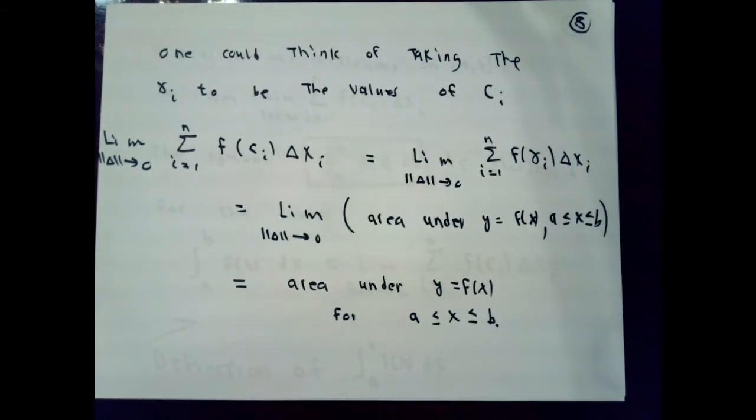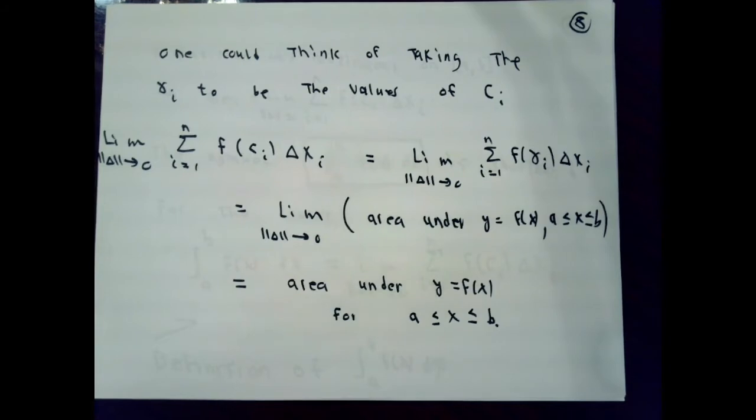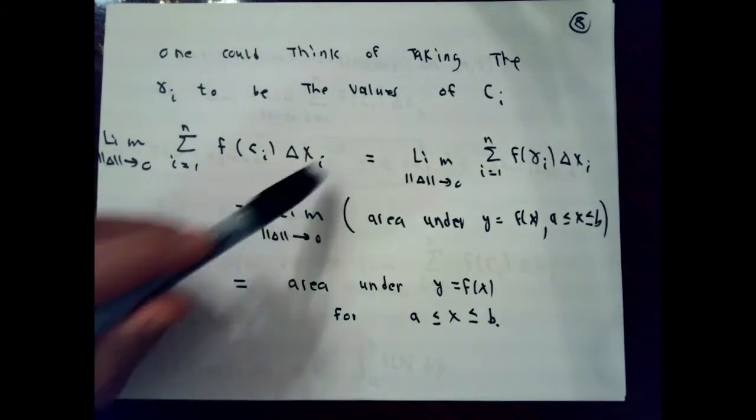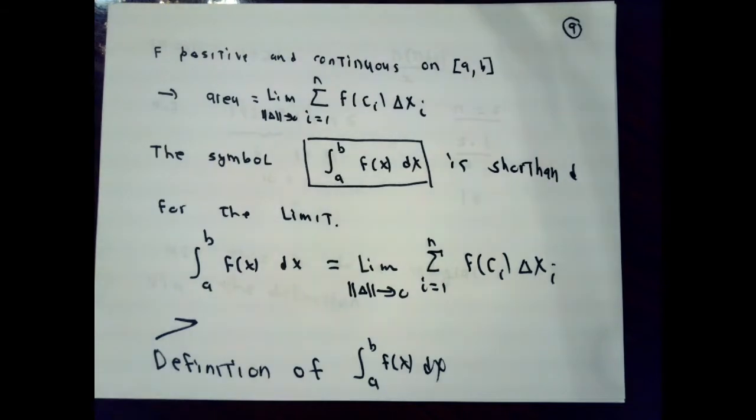It's a constant with respect to the partition having norm tending to 0. So therefore, if all of this miraculous stuff happened, if this limit exists, it has to actually be the area under the curve from x equals a to x equals b.